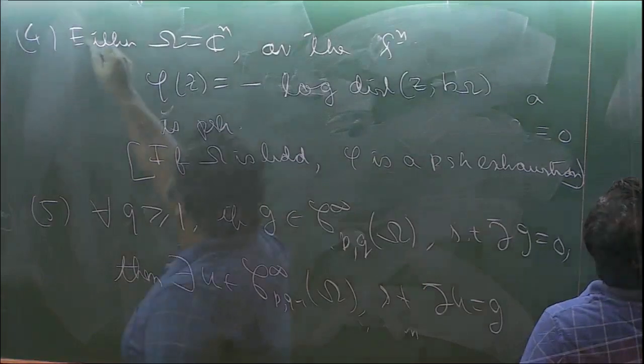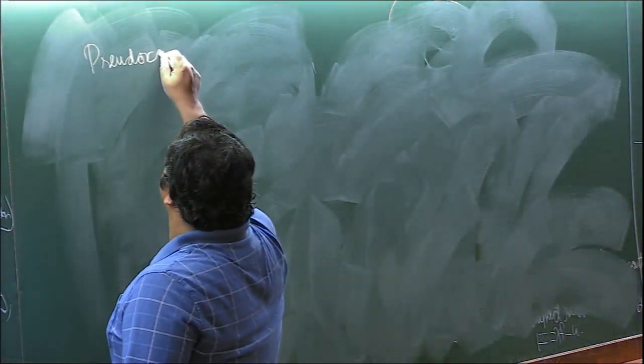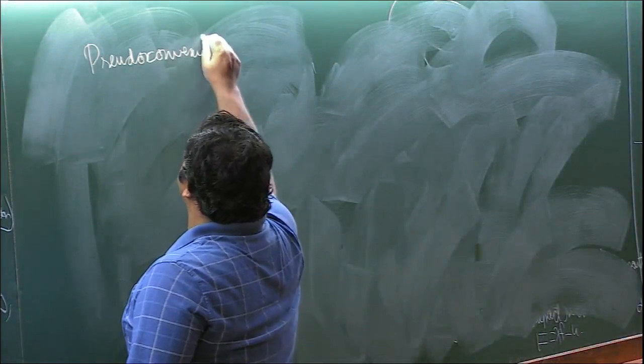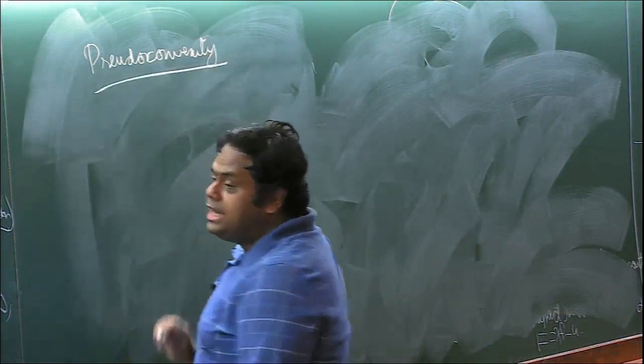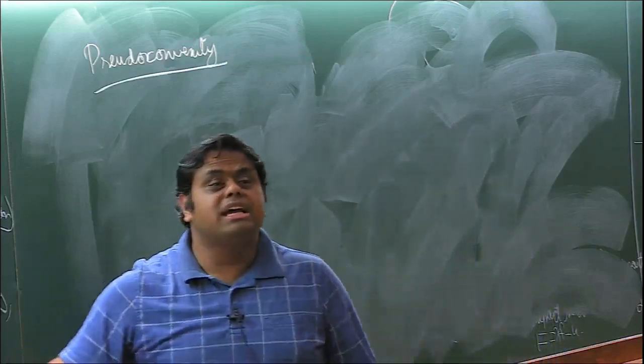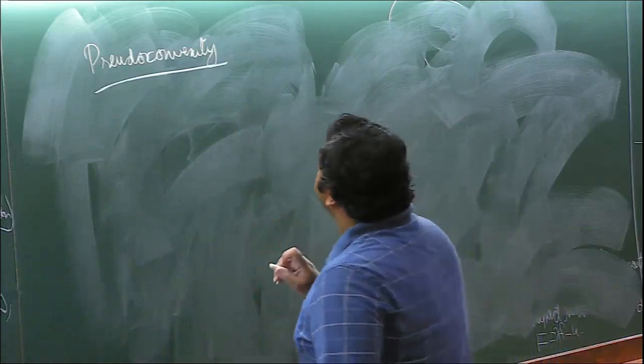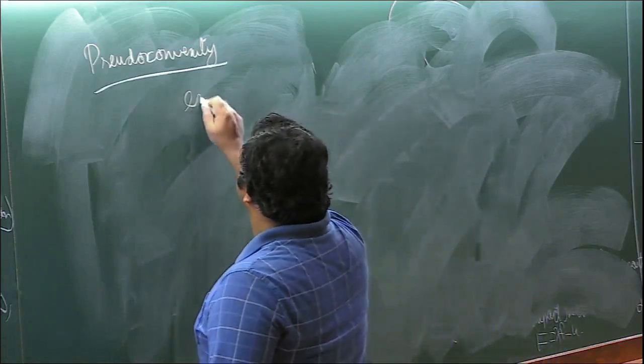So this result shows already that pseudo-convexity is precisely the condition under which I hope to be able to solve the Debraj problem. So we need to understand it better. So some examples.